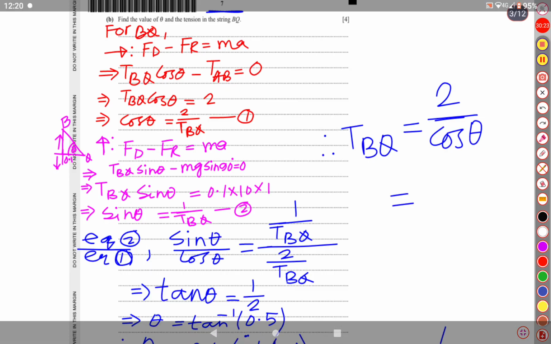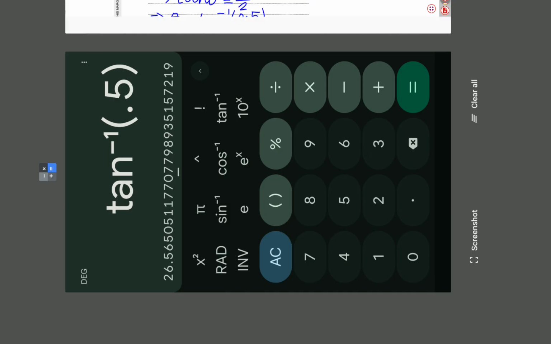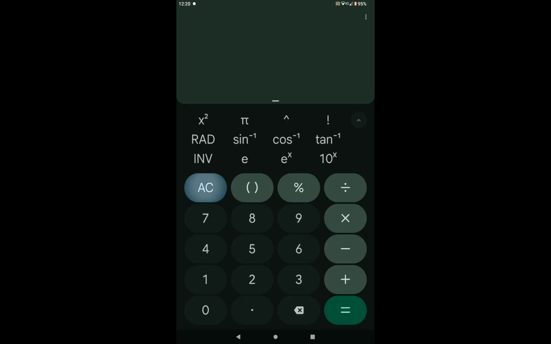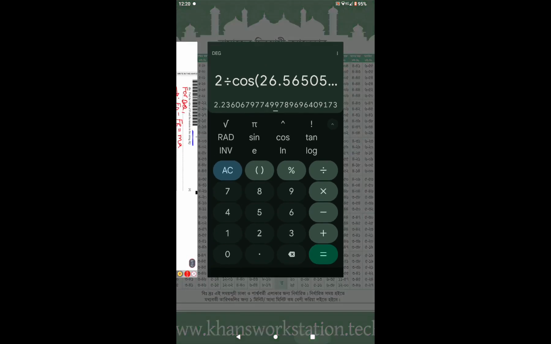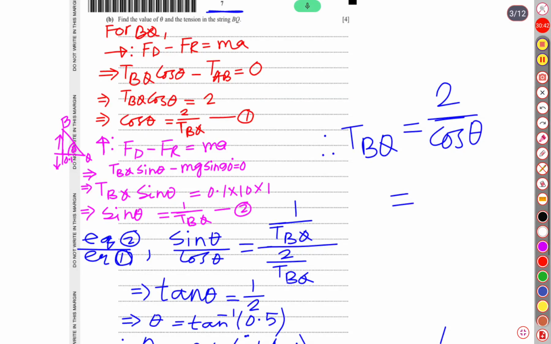Let us use the calculator again. 2 over cos theta. 2.24 Newton is the tension acting in the string BQ.